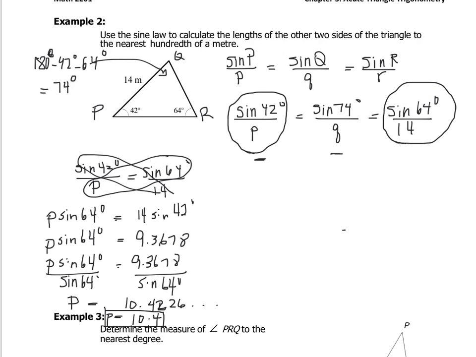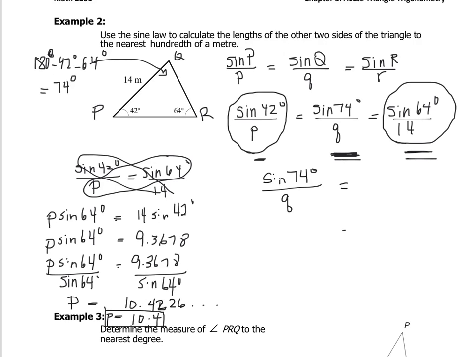And then the other one, if we want to find Q, we need to use the ratio of sine 74 over side Q. And again, I would pair it up with that last one. So this one here would go with this one here.